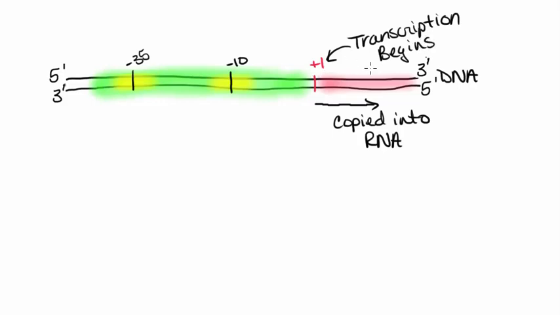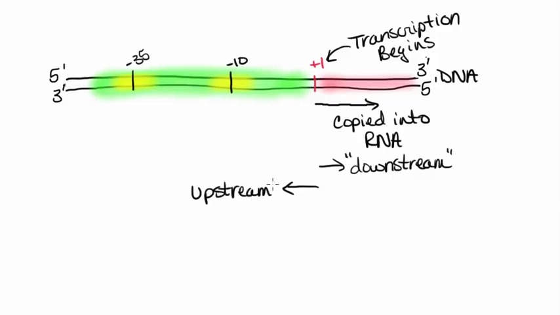Anything to this side, we would call downstream of that particular start site, and anything in this direction, we would call upstream. Downstream gets positive numbers and upstream gets negative numbers.